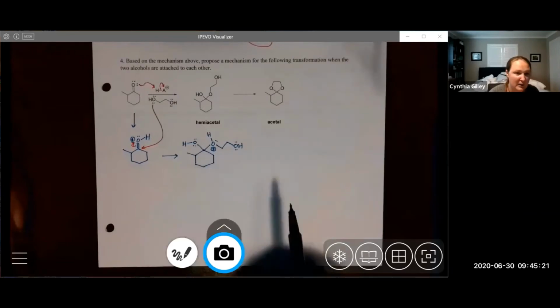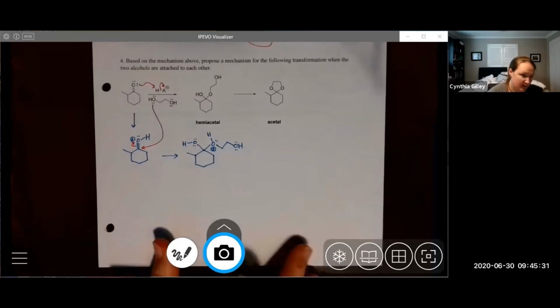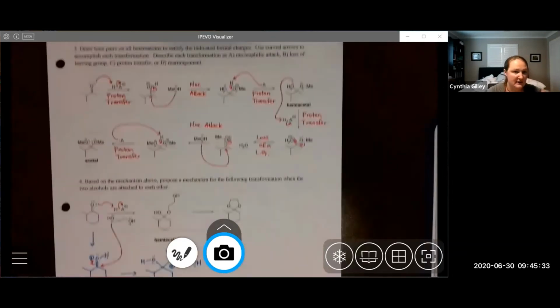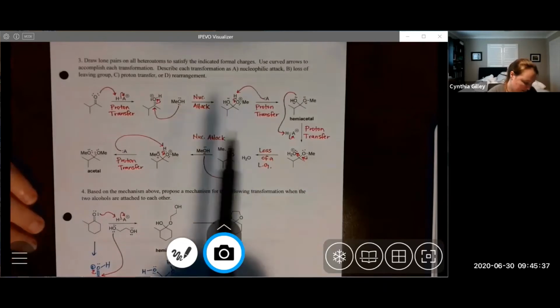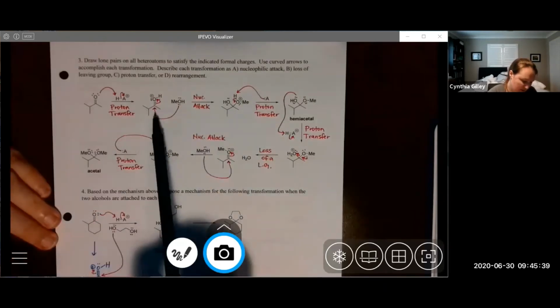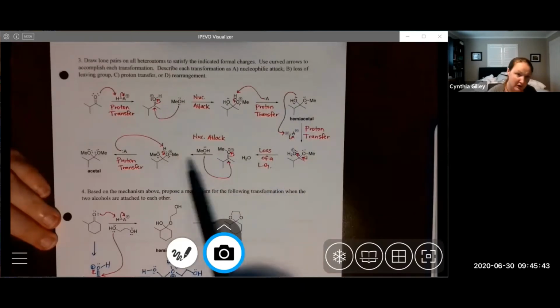One thing I want to point out is what we don't want to do is ever have an intermediate with two of the same formal charge. So if we look up here, one of the things we'll notice in the mechanism is that we went from neutral to one formal charge, neutral, one formal charge, one formal charge. So at most, we only ever have potentially one formal charge, one positive charge.